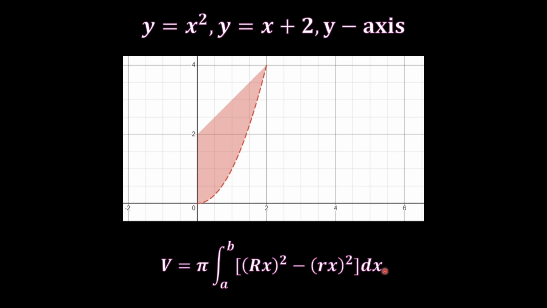It's very similar to the disk method formula, but you can see that there are two functions now. And the way this works is a washer is just a cylindrical disc, but with a hole inside. See this? There's a hole inside.